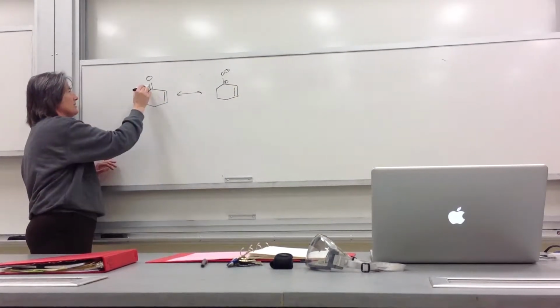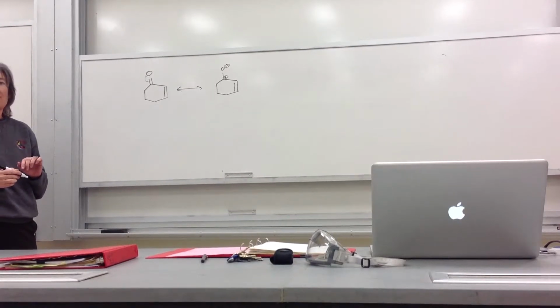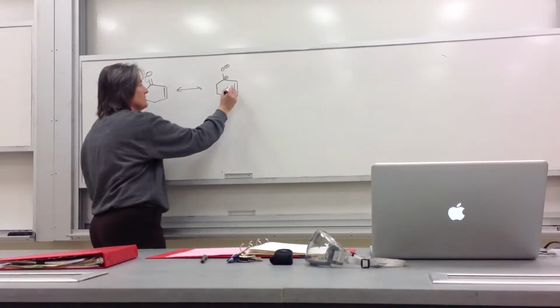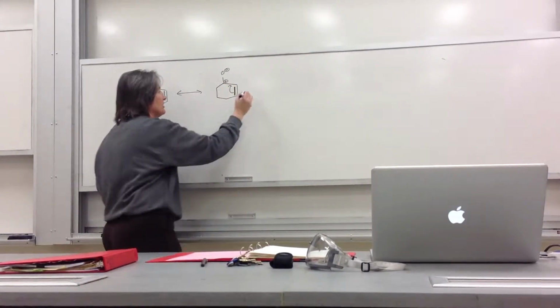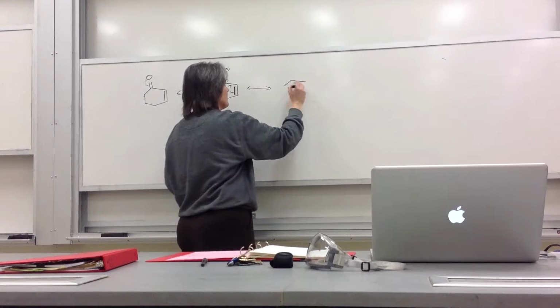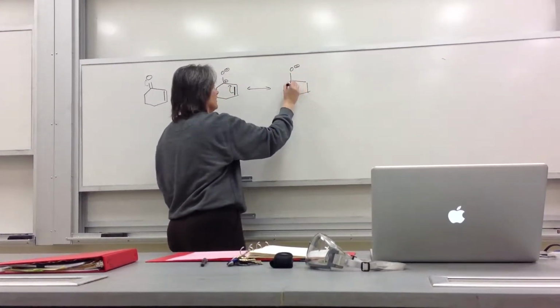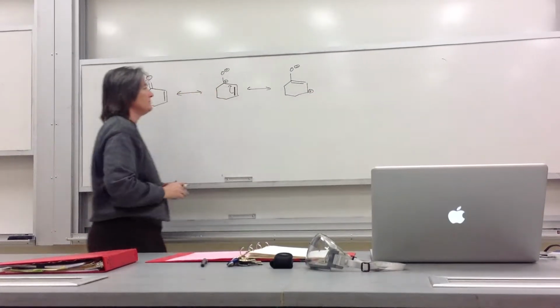I'm just taking those electrons and moving them up. Then there's another resonance structure where I can take this pi bond that's alpha beta and move it up. That resonance structure looks like this: O minus, double bond there, plus there.